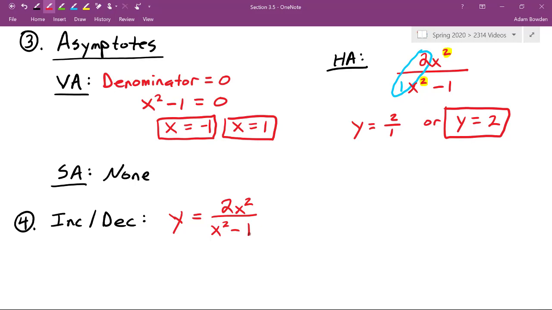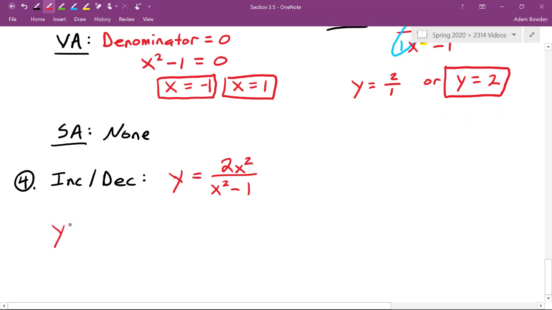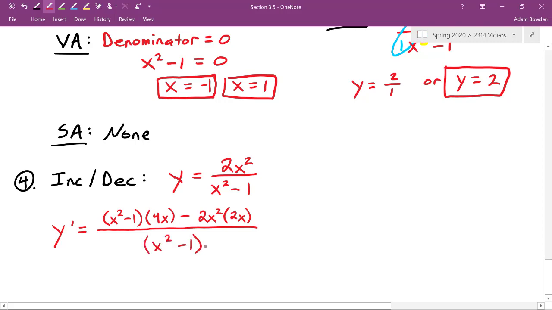Indeed, this is going to involve using the quotient rule in order to do the derivative. So let's go through the quotient rule. It goes low d high, minus high d low, all over the square of what's below.